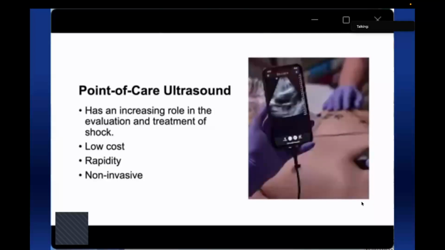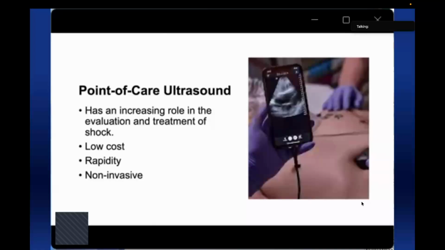Right now, because of the advent of technology, point of care ultrasound is very common, especially in tertiary hospitals. The point of care ultrasound would give you an idea that you are dealing with something else if you know how to use that properly.